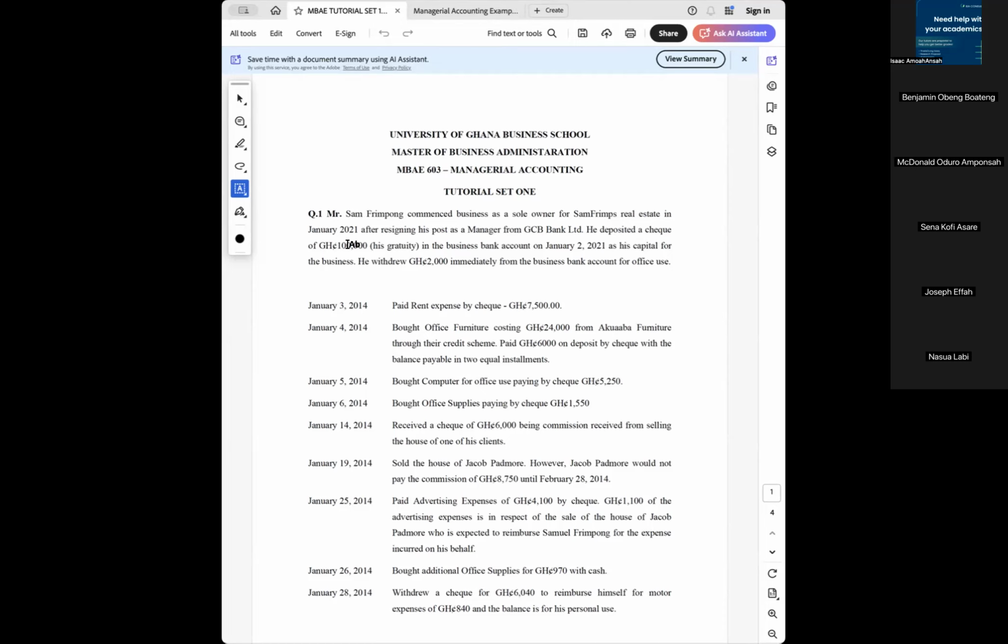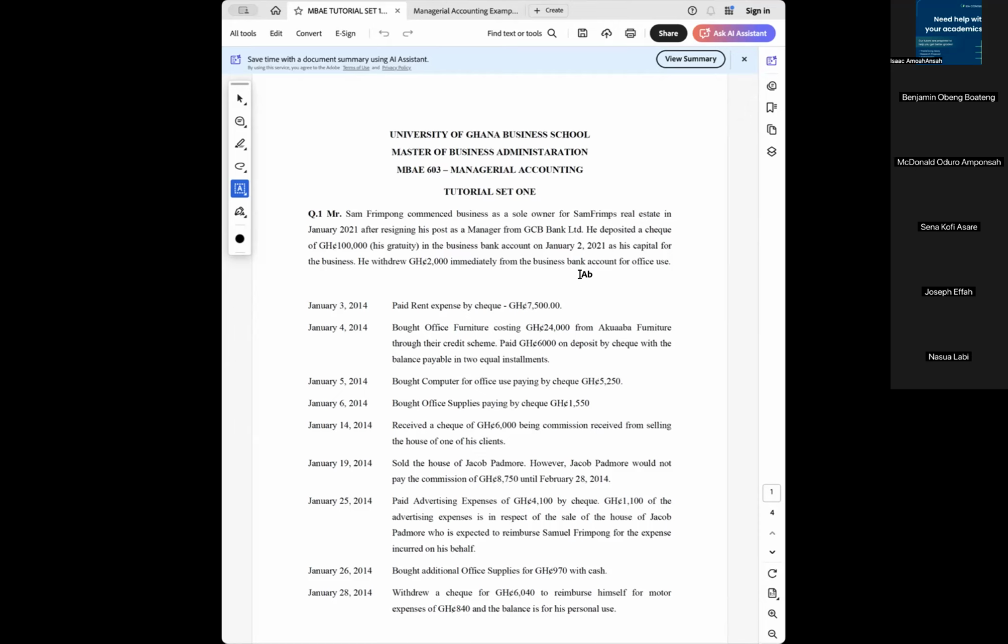If we have labeled this column 1, the second column will be column 2. And then at column 2, we're going to have a 2,000 Ghana cedis decrease in our bank, and then a 2,000 Ghana cedis increase in our cash, right? So the effect will be discussed in 2 different columns.